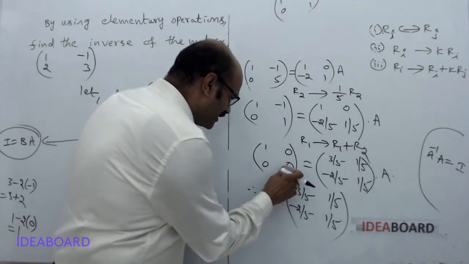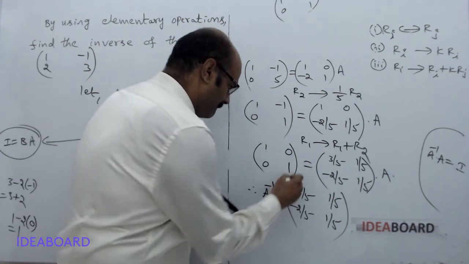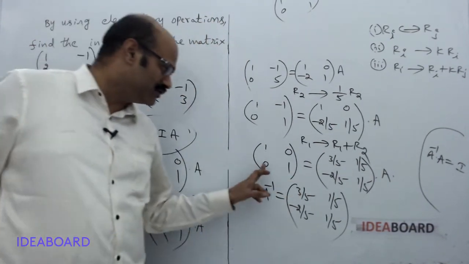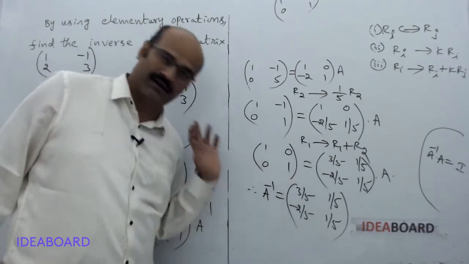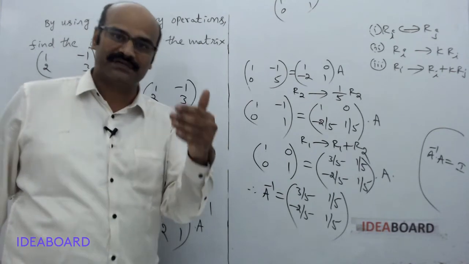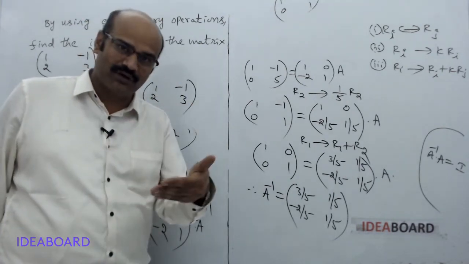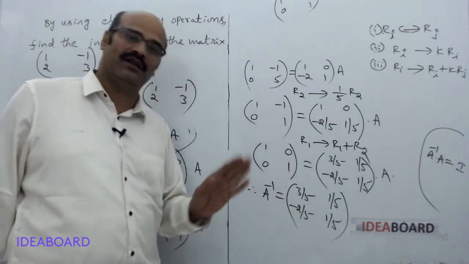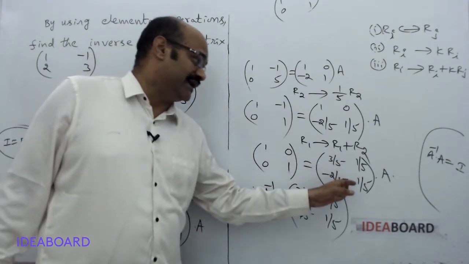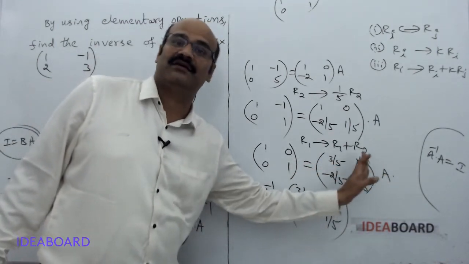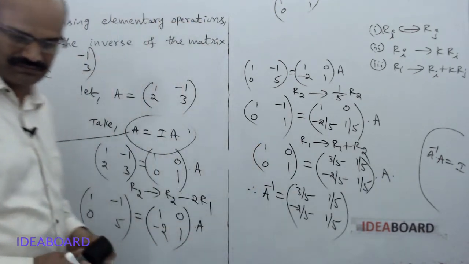So here we have to get 1 only. If you are getting 2 zeros in any row or in any column, that means all the elements of any row or all the elements of any column are zeros, then we say that the inverse of the given matrix does not exist.